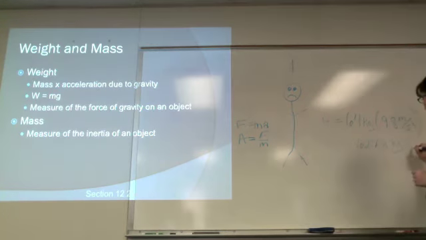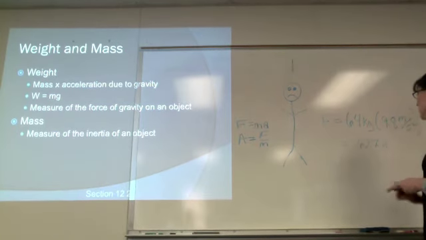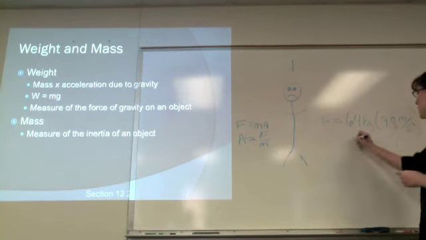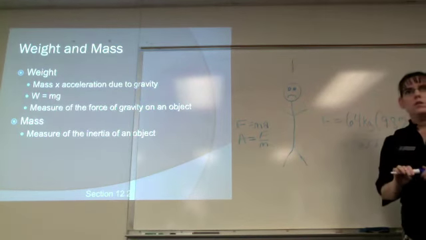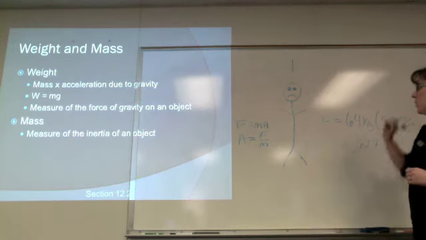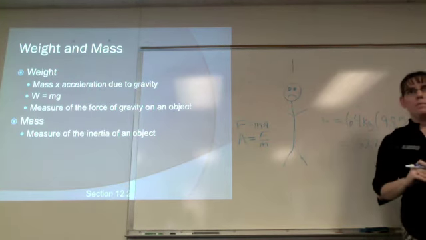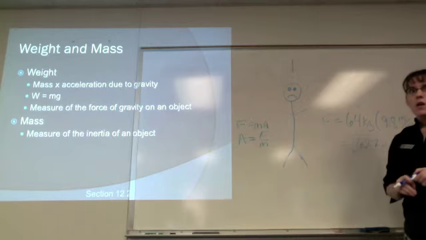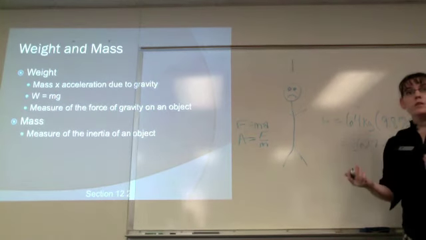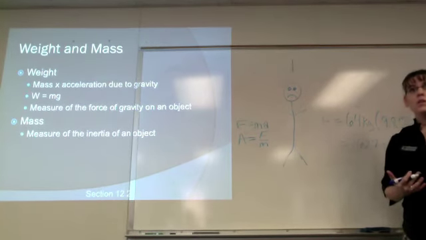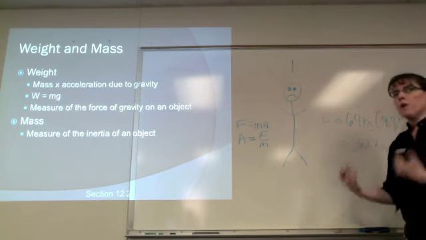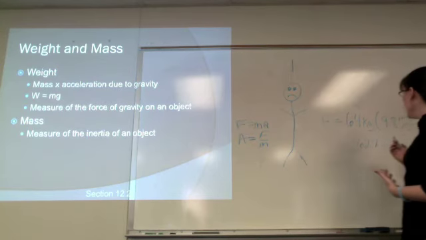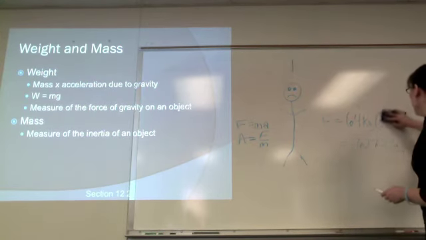So 627.2, 627 newtons, is the force of gravity on a person that weighs this much. Now, on Mars, Mars is about 1/3 as massive as Earth. Acceleration due to gravity on Mars is closer to 3.3.